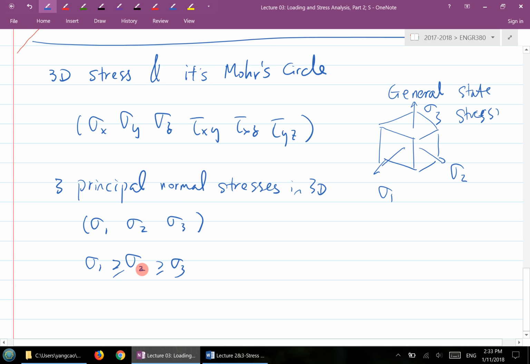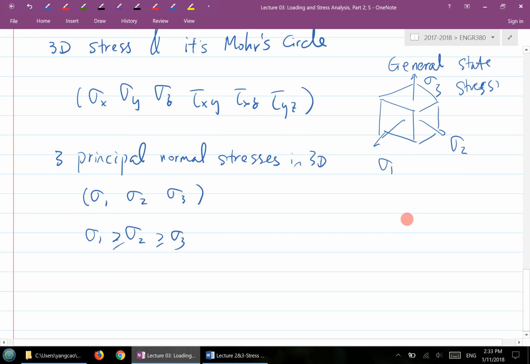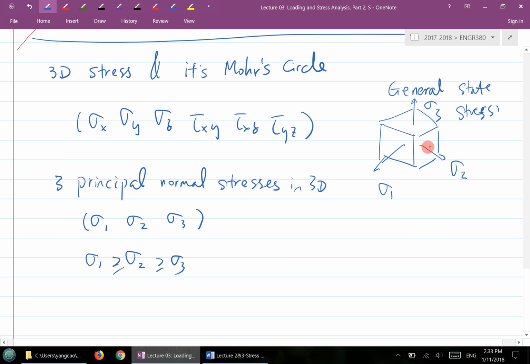So how do we calculate sigma 1, sigma 2, sigma 3? Or how do we know which orientation sigma 1, sigma 2, sigma 3 are going to be in? It's like a robotic hand. I can literally orient it to any different orientation. Maybe at this orientation you have sigma 1, sigma 2, sigma 3.